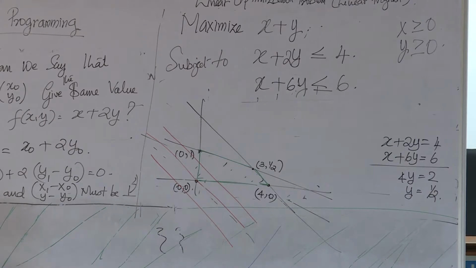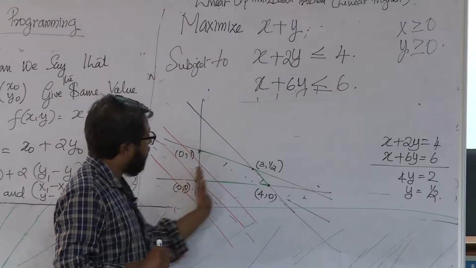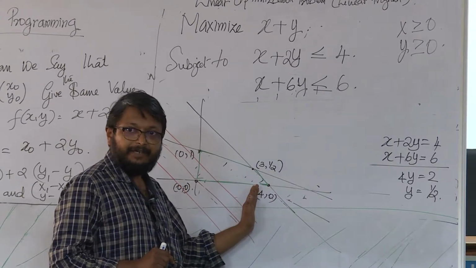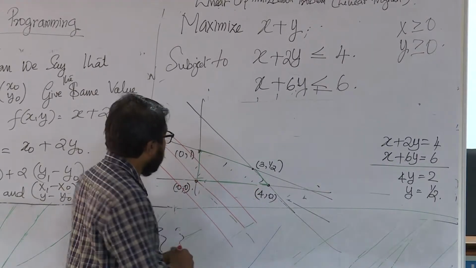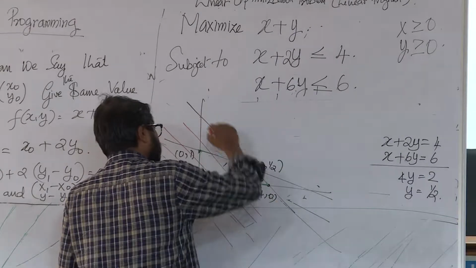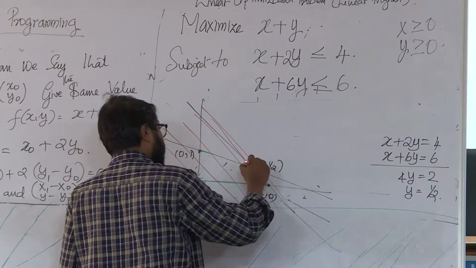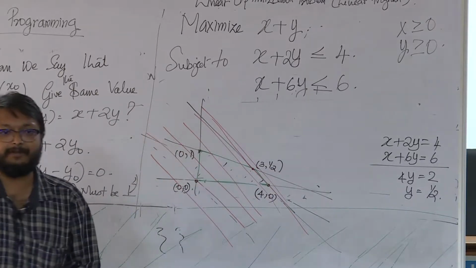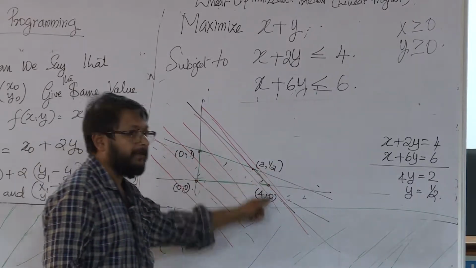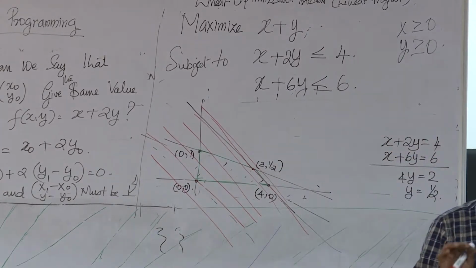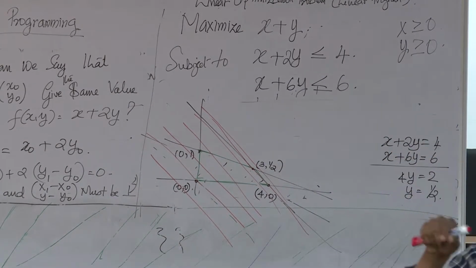Okay. And now if you shift a line along a region like this, right, where will you hit the maximum? It should hit the maximum at some corner point. Okay, it should hit the maximum at some corner point of the region.